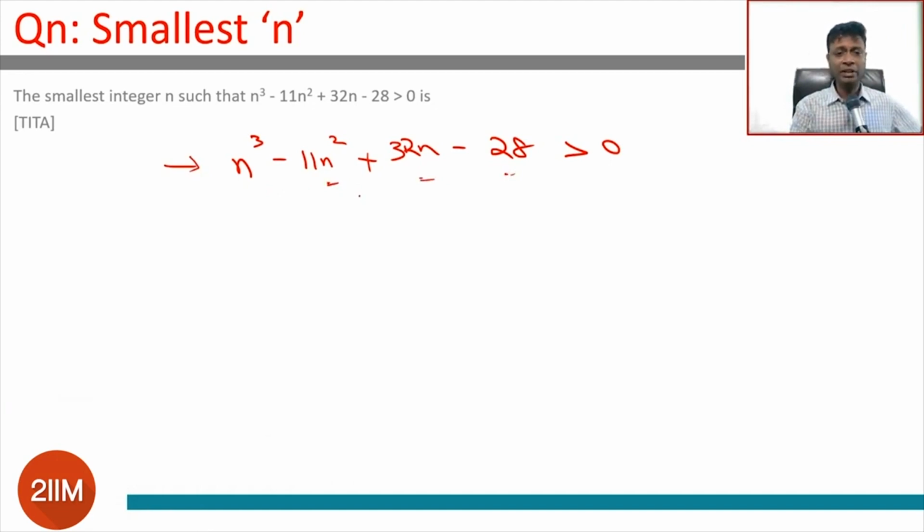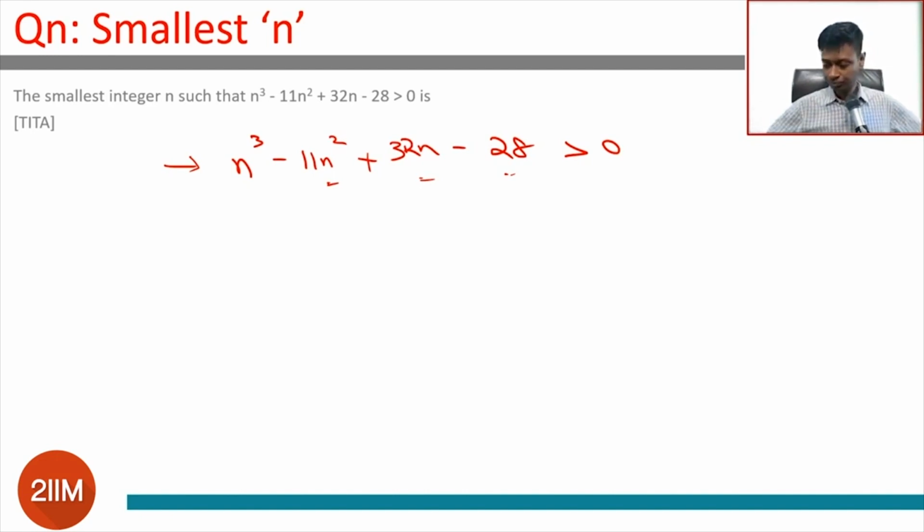So if n cube is positive, n cube is way more powerful than n square, way more powerful than n. So if you put n as 7, 8, 9, 10, 11, the larger you take n to, the more dominant the cube idea will become. So this is going to become bigger and bigger the higher n gets. And it's a curve that's open-ended. It's going to become larger and larger with increasing n.